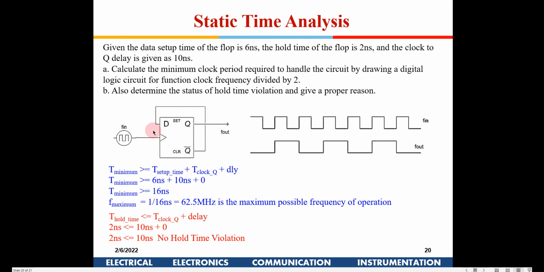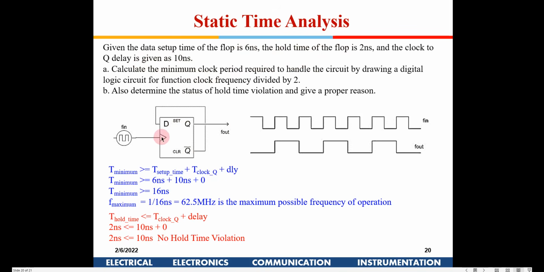When the rising edge of the clock comes, the data needs to be stable here. So once the clock has come here, how is the data passing? It has to come from here to here, right?